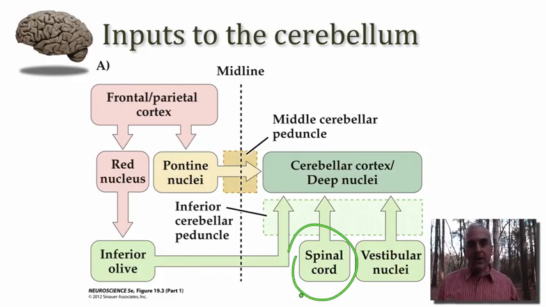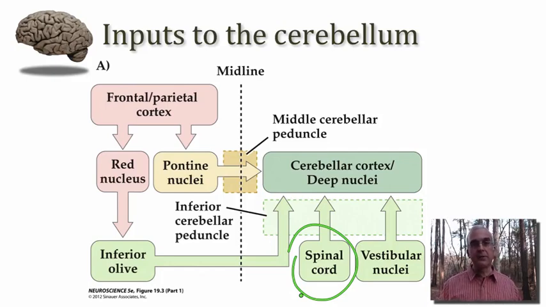The pathway that serves the lower extremity involves a relay in the dorsal nucleus of Clark, which is found in the thoracic segments of the spinal cord. The dorsal nucleus of Clark grows an axon that runs up the dorsal lateral white matter of the spinal cord and forms a tract that we call the dorsal spinal cerebellar tract. This is the major relay of proprioceptive signals from the lower extremities into the cerebellum.